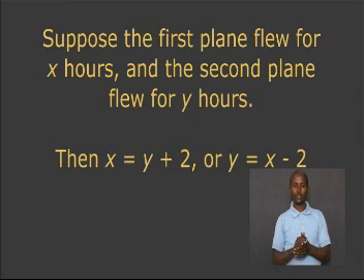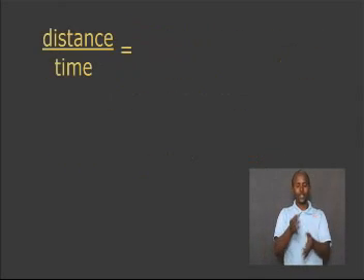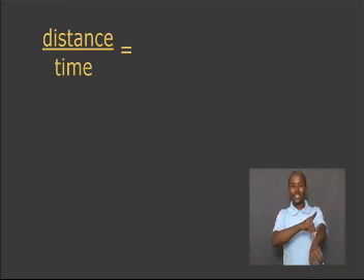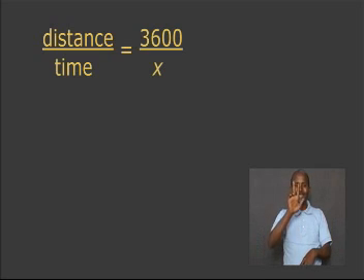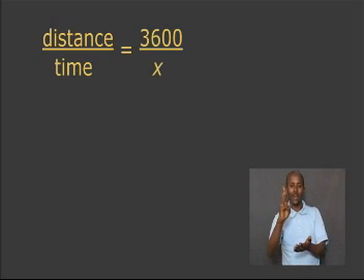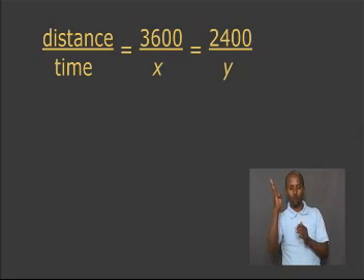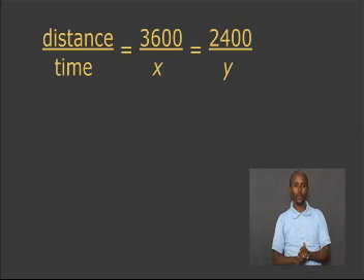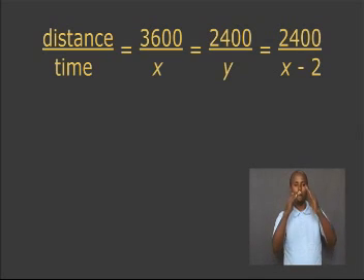Since they flew at the same rate, which is expressed by distance over time, we find that 3,600 over x equals 2,400 over y. This equals 2,400 over x minus 2.